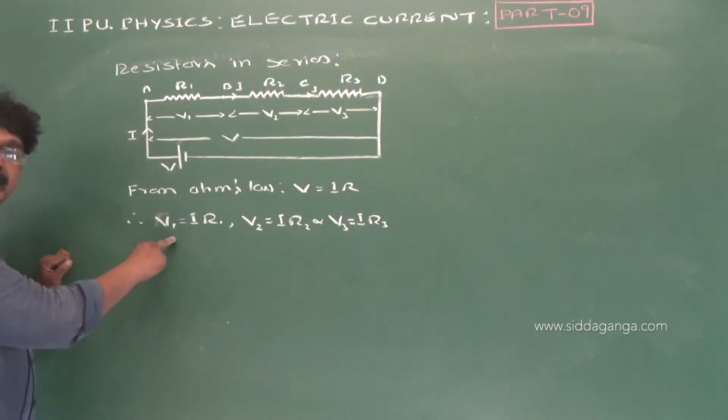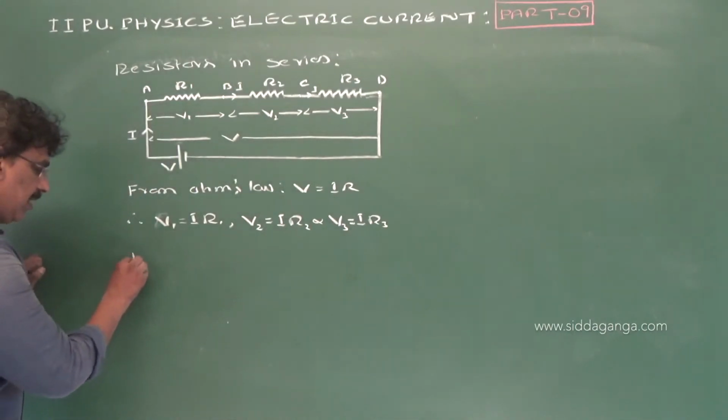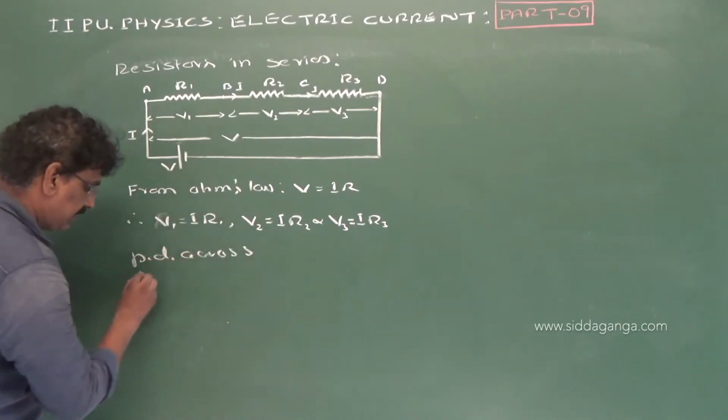Now, what is potential difference across the combination?